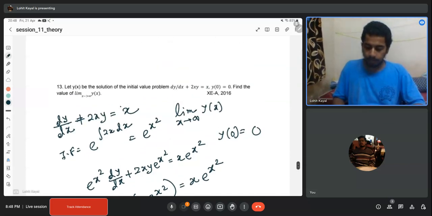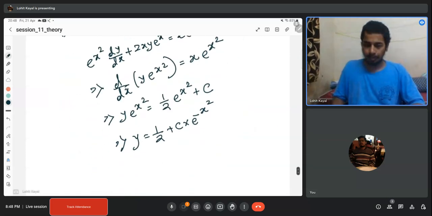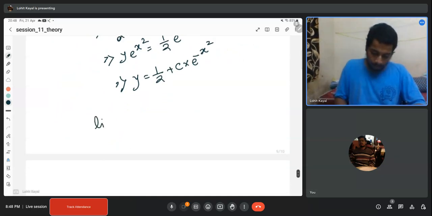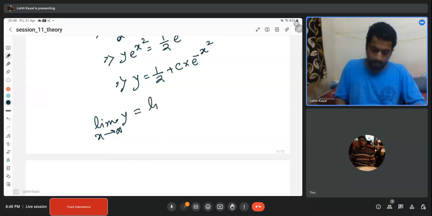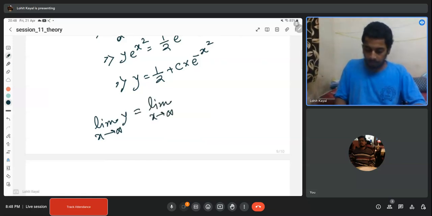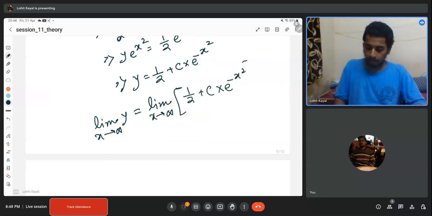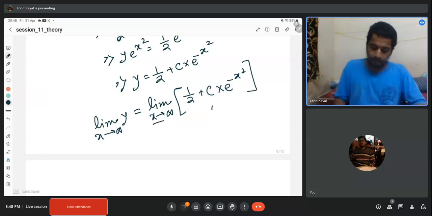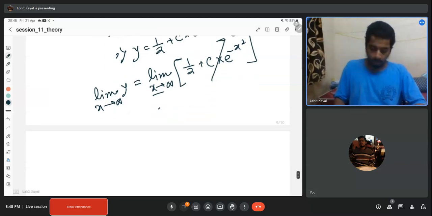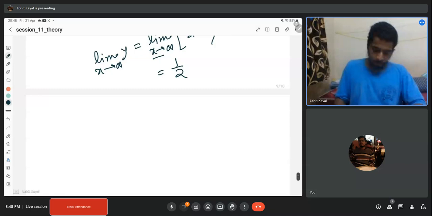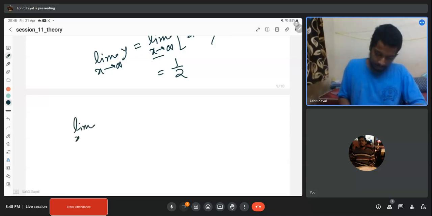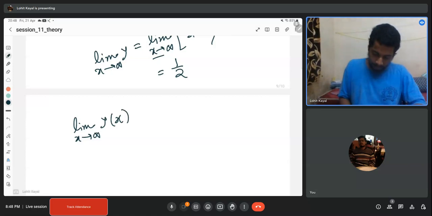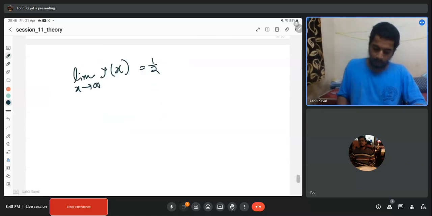Now it is given that y(0) equal to 0, but you don't need that actually, because if you directly put the limit x tends to infinity, y equals limit x tends to infinity of half plus c into e to the power minus x square. This c is associated with e to the power minus x square. Now if x tends to infinity, this term will vanish, simply 0. So you will be left with half. So the correct answer is limit x tends to infinity y(x) is equal to half.